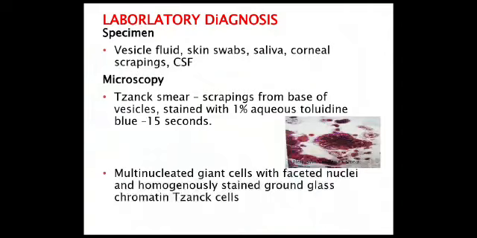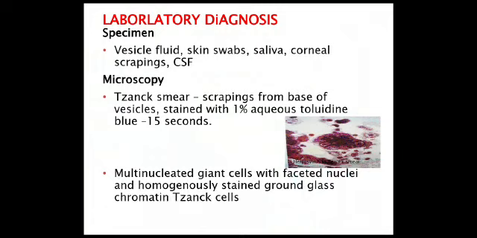Laboratory diagnosis of herpes simplex viruses. The specimens collected are vesicular fluid, skin swabs, saliva, corneal scrapings or CSF, and for microscopy we perform what is called a Tzanck smear, wherein the scrapings from the base of the vesicle are stained with 1% aqueous toluidine blue for about 15 seconds.